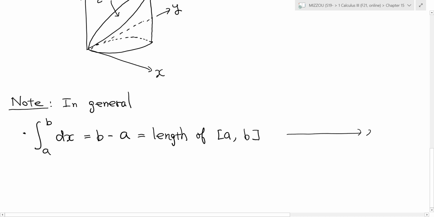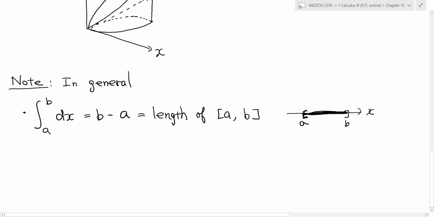Pictorially, you have the x-axis here, and you have a and b, and if you integrate the constant function 1 from a to b, what you get is just the length of this line segment.